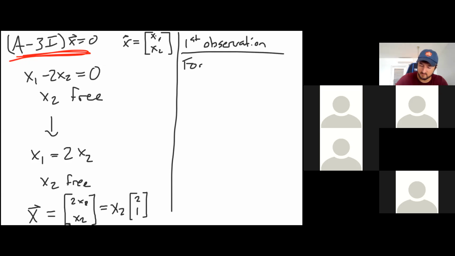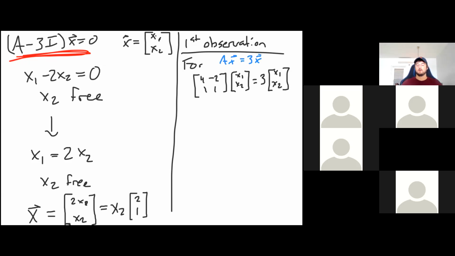So for the system that we were trying to show, we were trying to show that 3 is an eigenvalue. So we took that 4, negative 2, 1, 1, multiplied it by my x vector for this equation that we were trying to solve. I can write it up here again in blue. I'm going to see it in the condensed form.